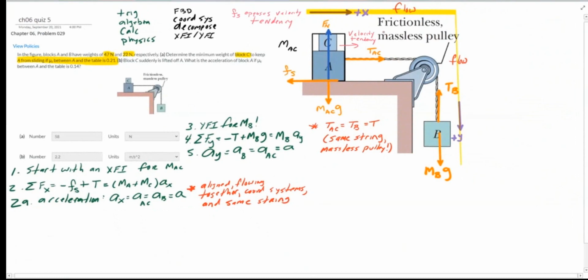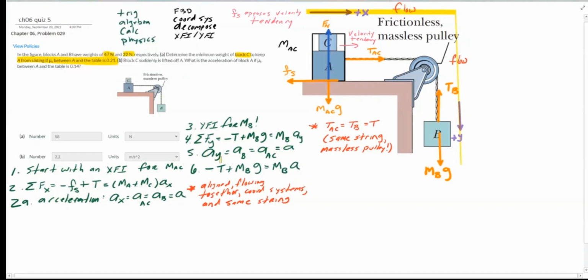Step 6. I'm back to step 6. Well, here's my Y inventory. I got minus T plus M_B G equals M_B A. So this is all I can do.